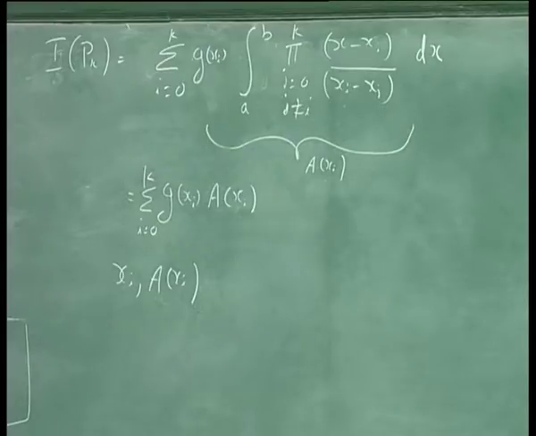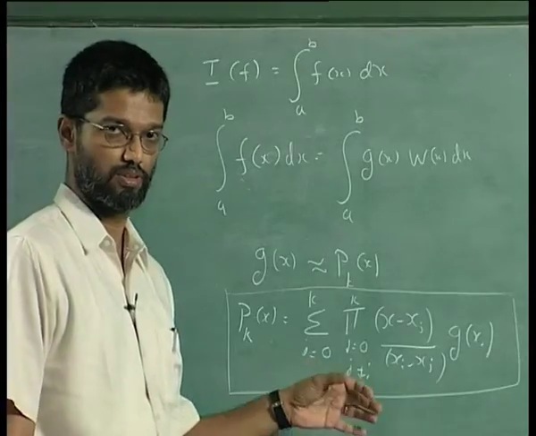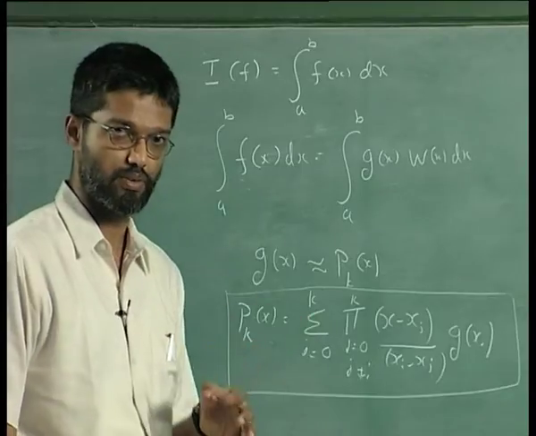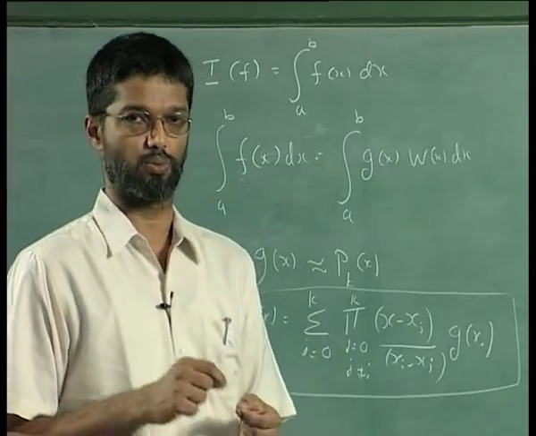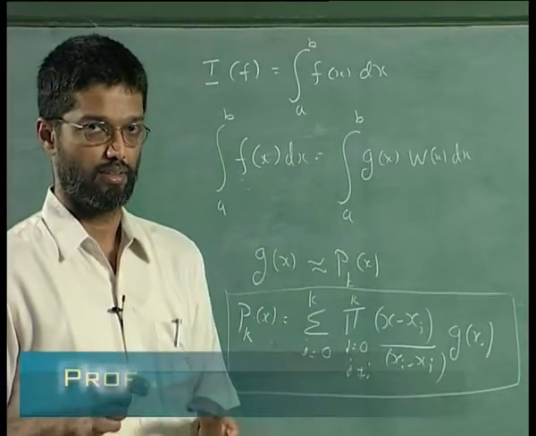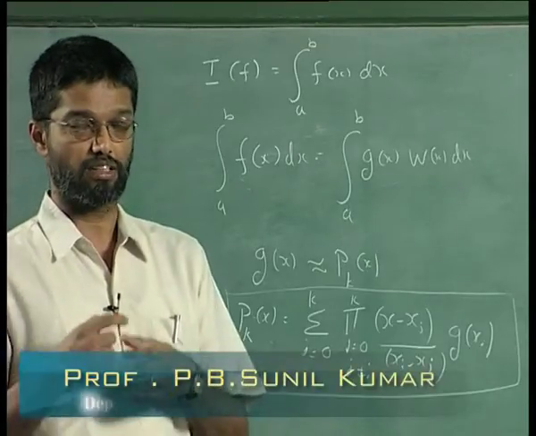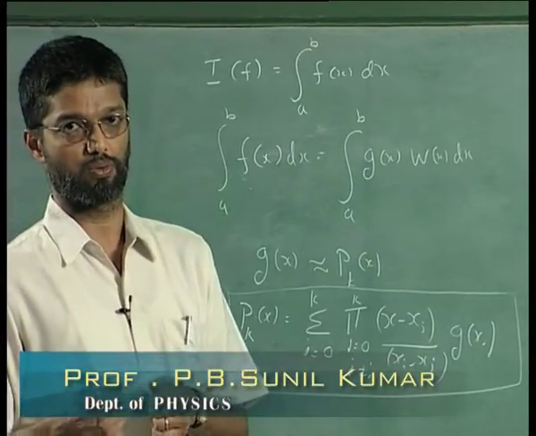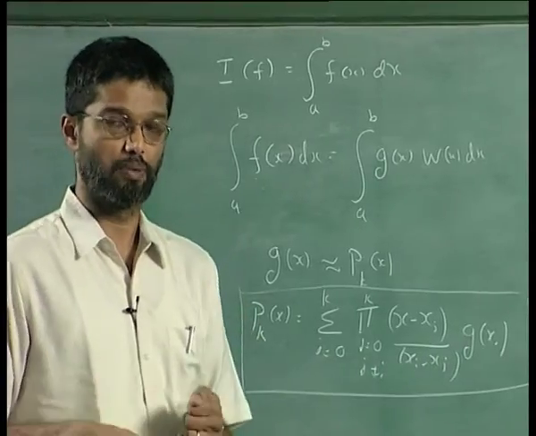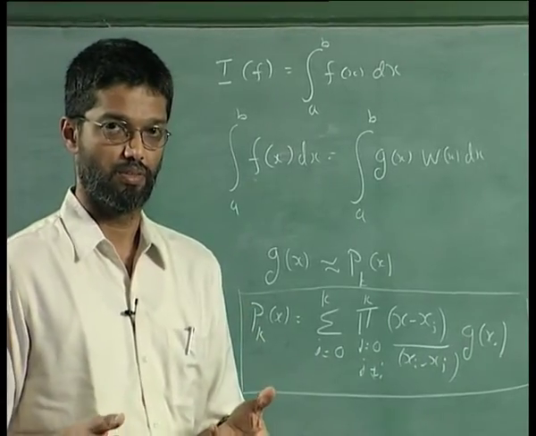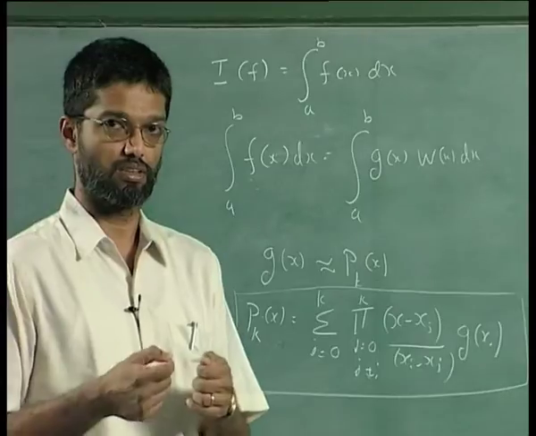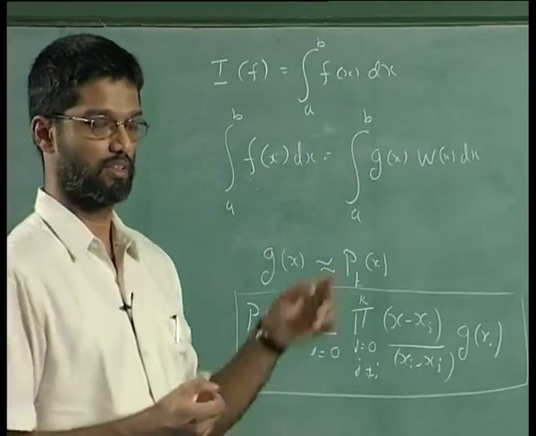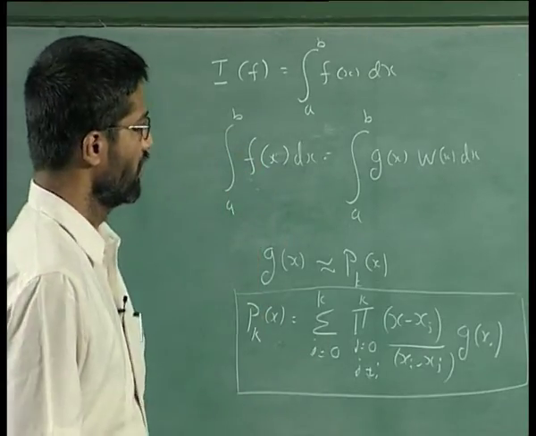So, this method has this real advantage that if you are given a set of points x0 to xk, right, and the corresponding weights a of x0 to a of xk, which do not depend on the function value, then you can integrate any function within the interval a to b. Okay.